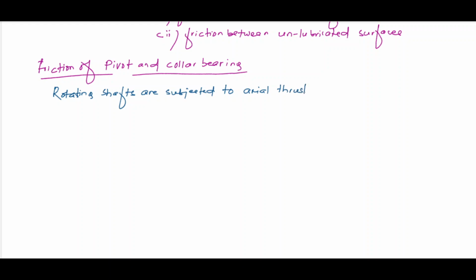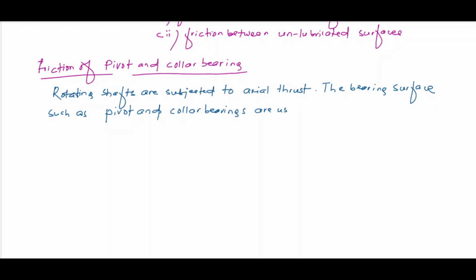The bearing surfaces such as pivot and collar bearings are used to take this axial thrust of the rotating shaft.